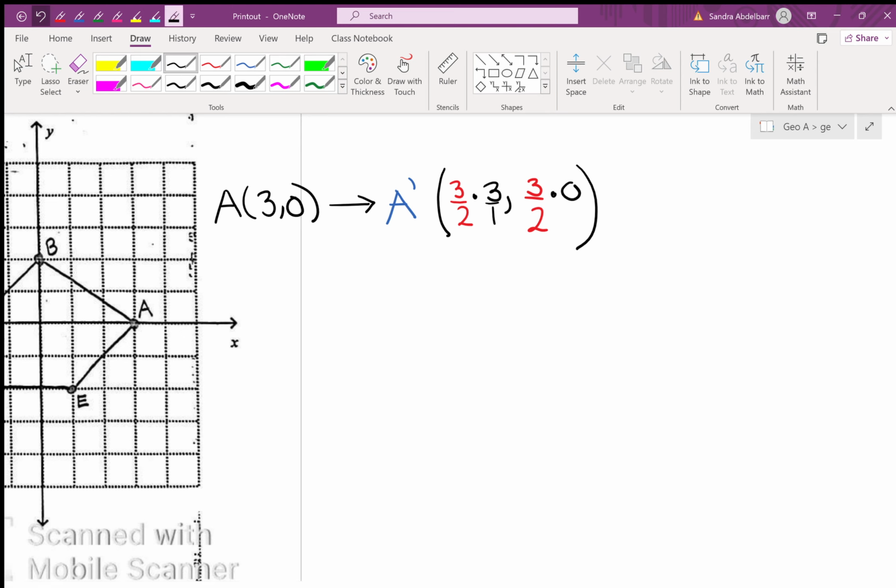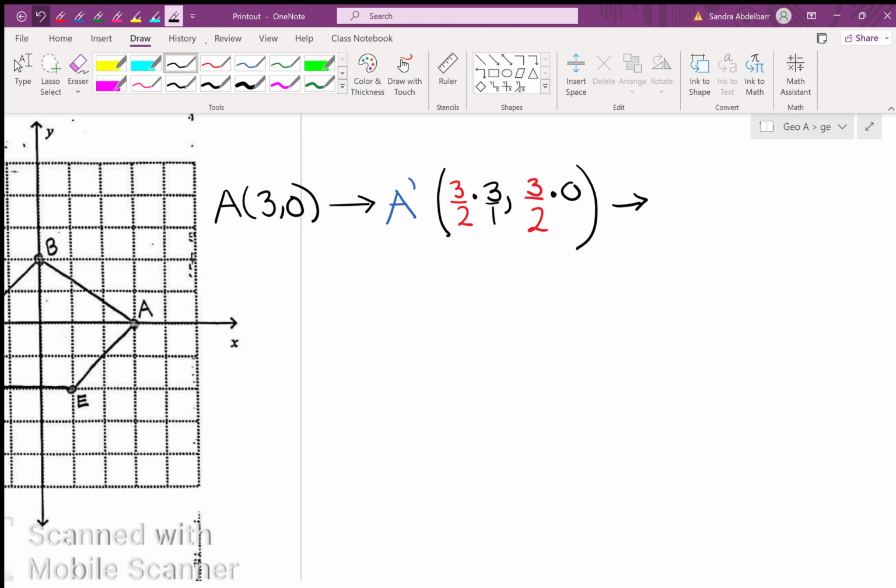Now, generally speaking, when you're multiplying two fractions or a fraction and a whole number, you're allowed to cross cancel, cross simplify. But can I cross simplify 2 and 3? No. Since we can't cross simplify, all you're going to do is multiply across.